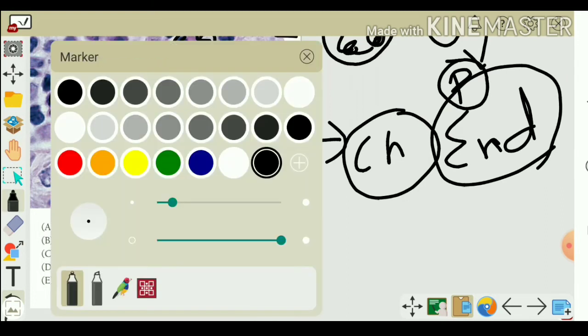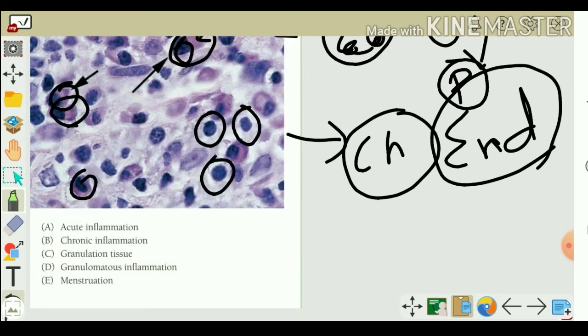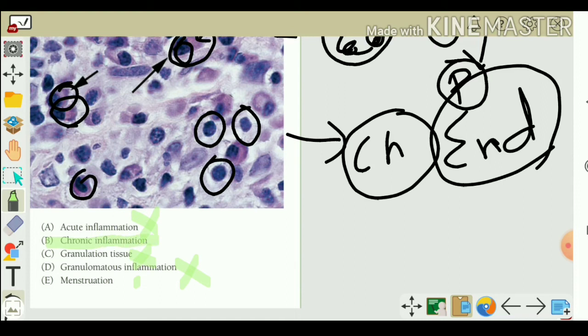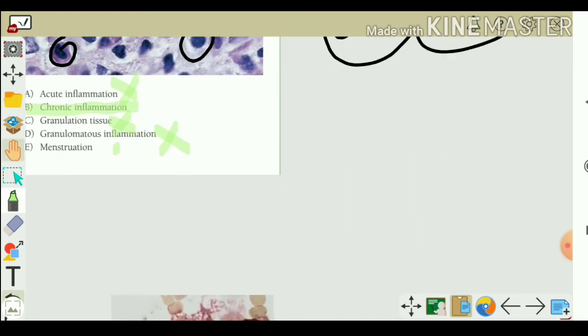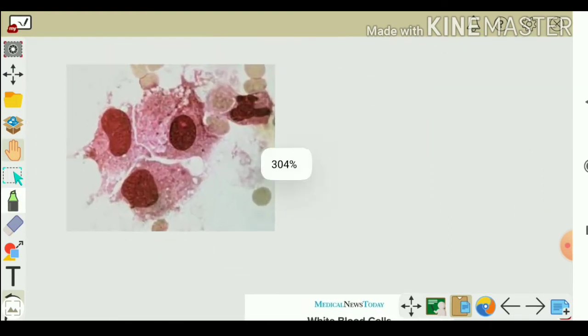It is not an acute inflammation, there is no granulation tissue, no granuloma, no giant cell. Menstruation is not related to the question. So our answer is chronic inflammation: the lady is suffering from chronic endometritis, as the cells of this biopsy tell. So let's discuss some cells.